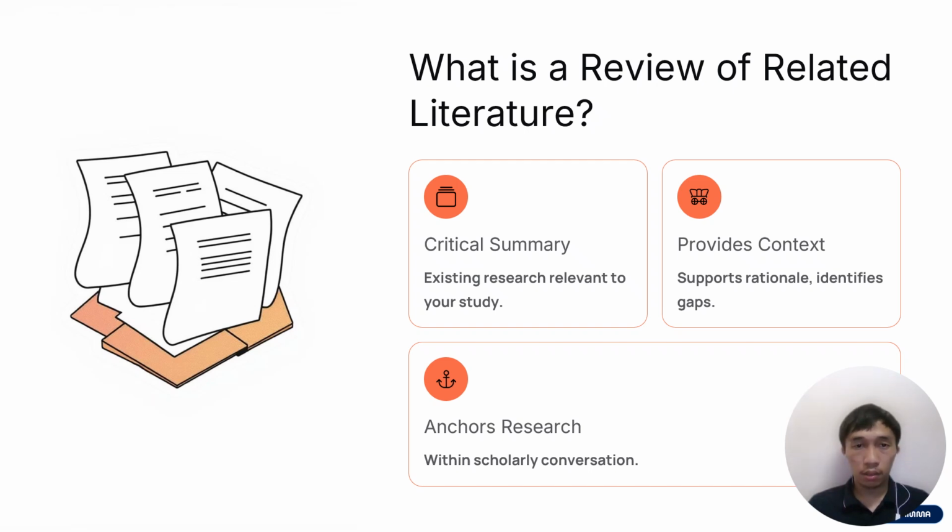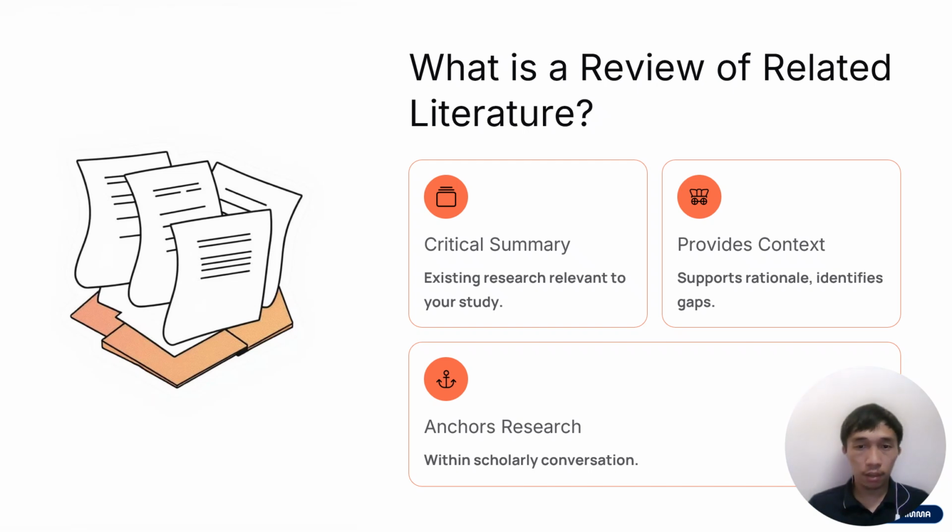It is a critical summary of existing research relevant to your study, and it also provides context, supports rationale, identifies gaps, and anchors research within the scholarly conversation. It is a comprehensive and critical analysis of existing scholarly resources like books, journals, articles, and dissertations that are relevant to a specific research topic.